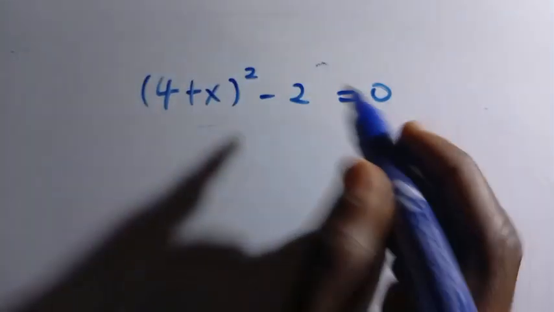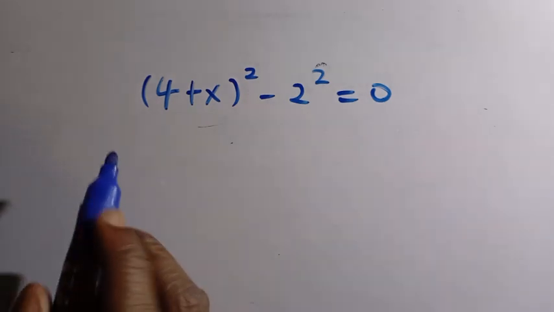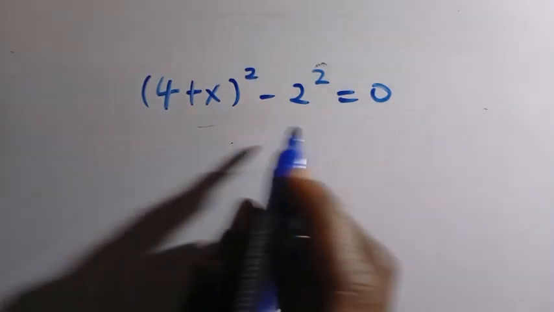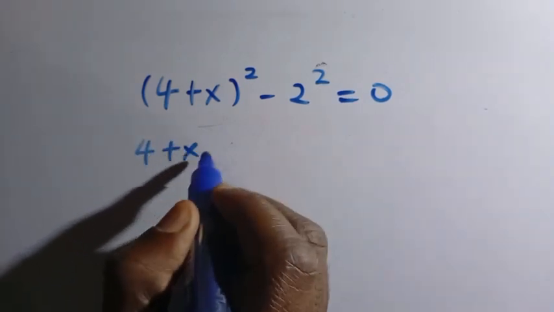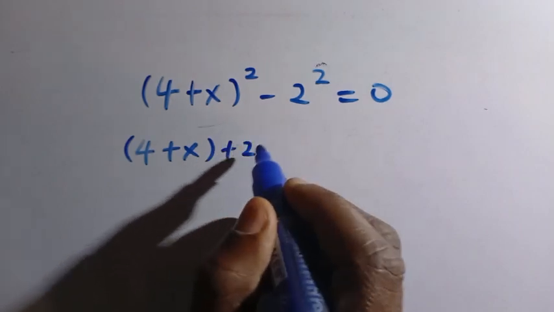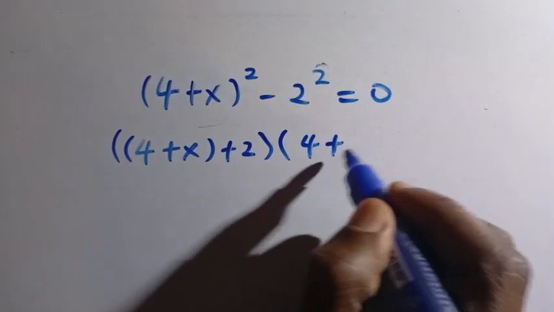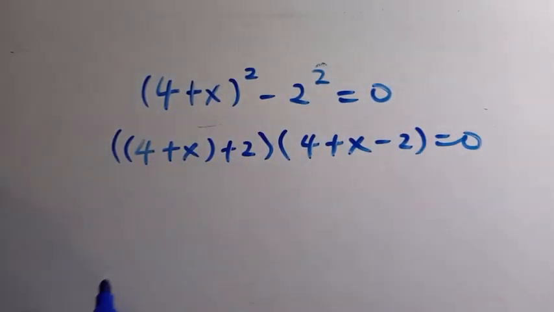So from here, we have the other solutions which we are going to solve. So this is in the form of difference of two squares. By applying that formula again, we have (4 + x + 2), this in brackets, multiplied by (4 + x - 2) equals 0.